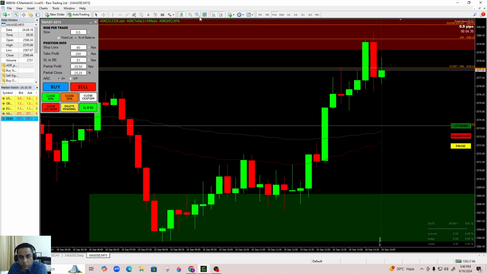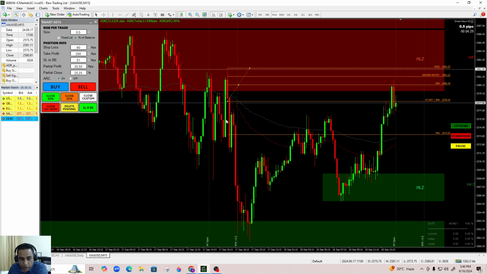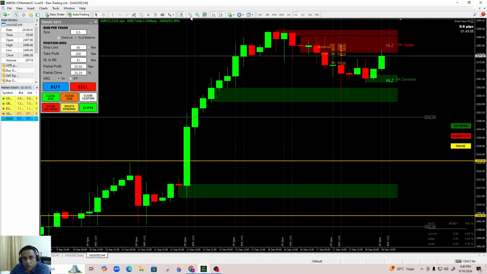And what price did, in the New York session, was come up here first, and then it came up to this high liquidity zone after it broke all of those. So I want to put a line where it broke.